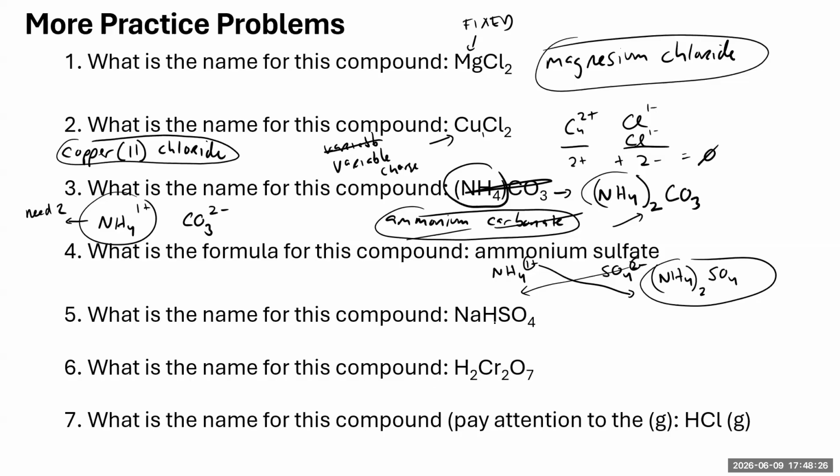All right, name for this compound, NaHSO4. Let's figure that out. Well, we know this is sodium. When you break this apart, we know sodium is a 1 plus, right? It becomes Na 1 plus and HSO4. Let's find that. And we know that when the sodium comes off, this has to be a 1 minus because when you combine them, they make a neutral compound.